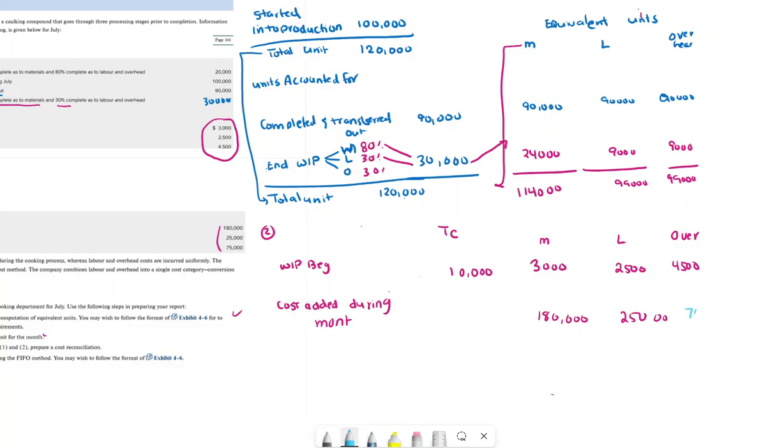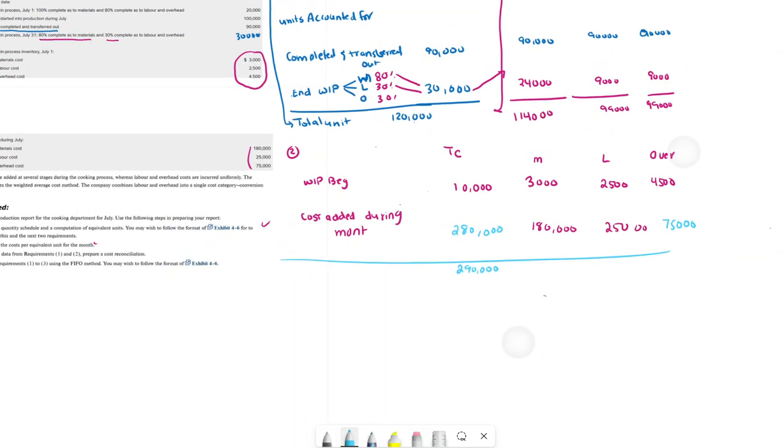If I add all the costs together, that will be 280,000. The cost that I needed to account for is 290,000. When you're doing the reconciliation, we have to come up with the 290,000. If you don't come up with the 290,000, that means we made a mistake.